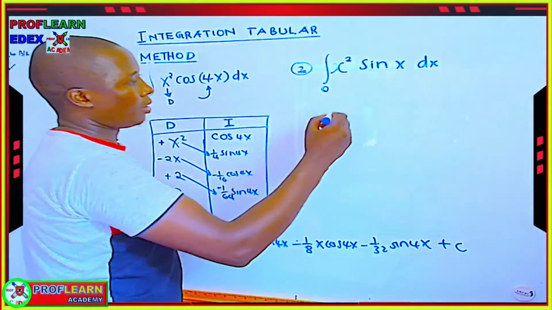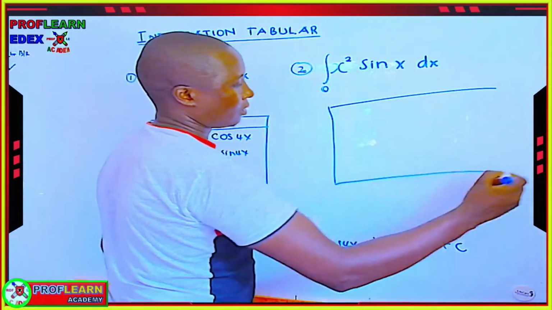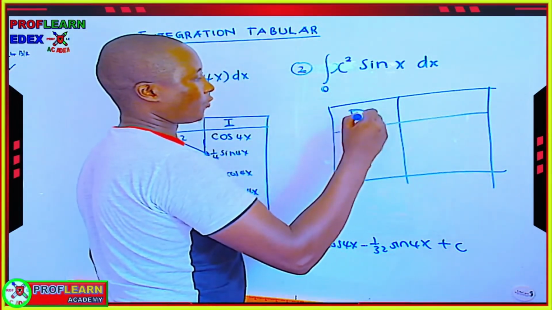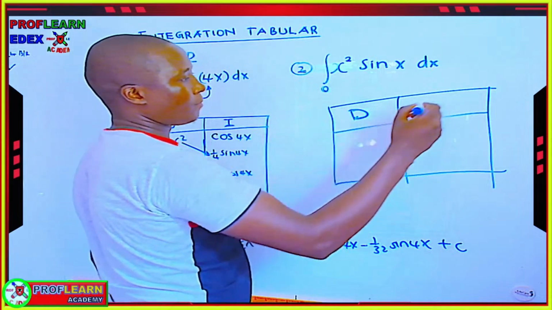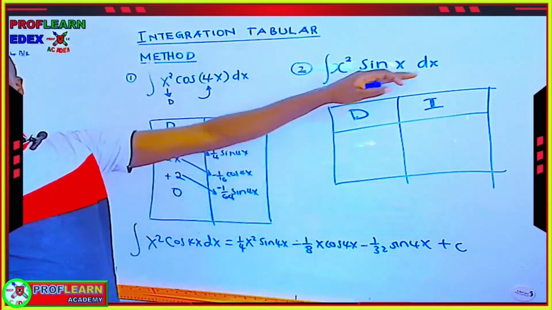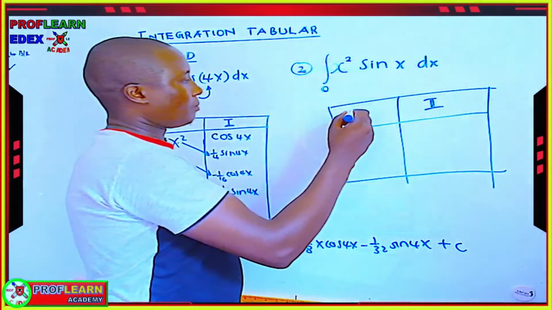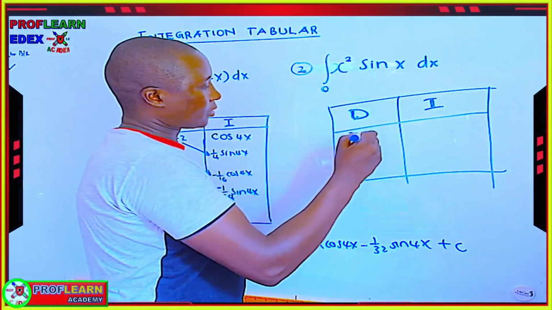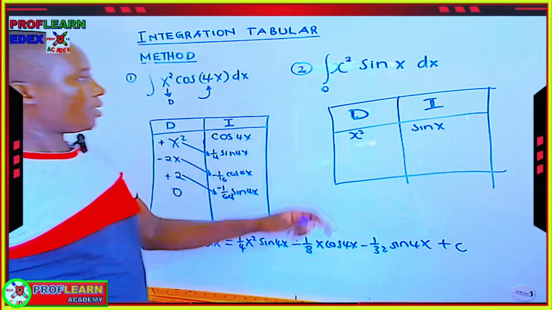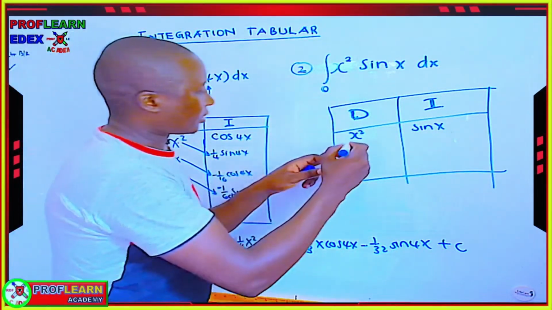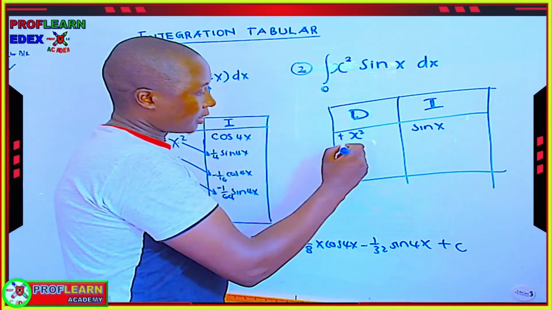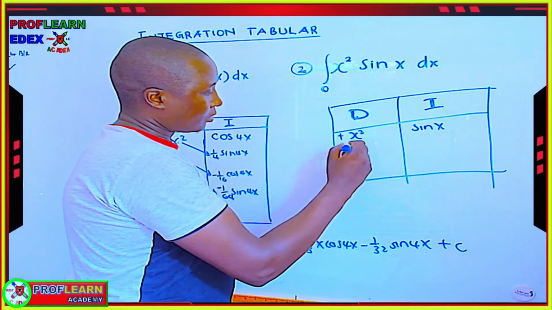Let me also show you this one. We have a table. What you are going to differentiate will be the polynomial, and what you're going to integrate is the other part. So we shall start with x squared and sine x. Differentiating x squared, we start with a positive and get 2x.